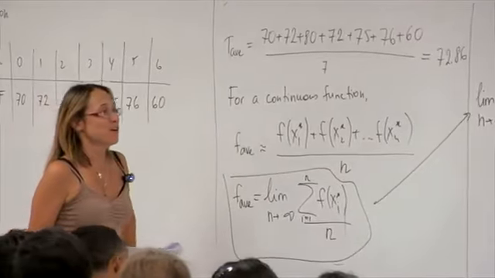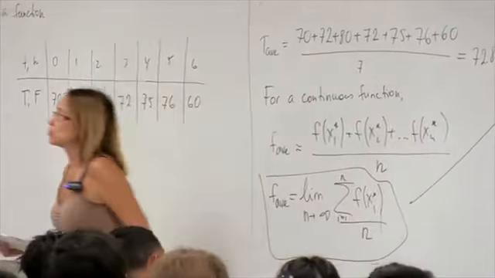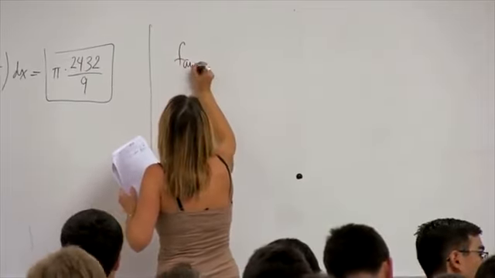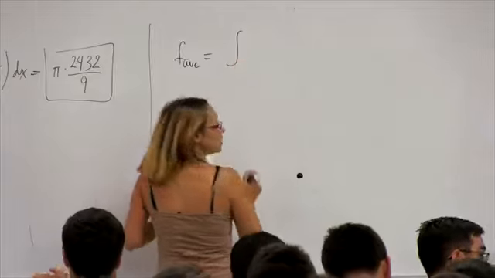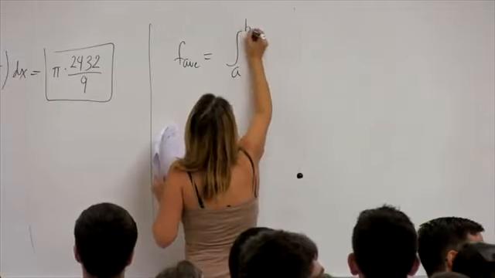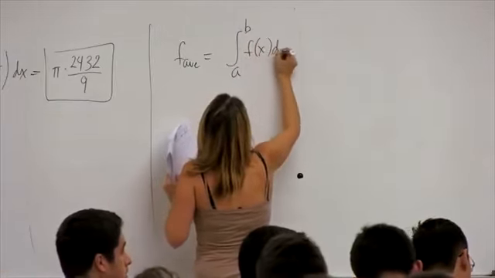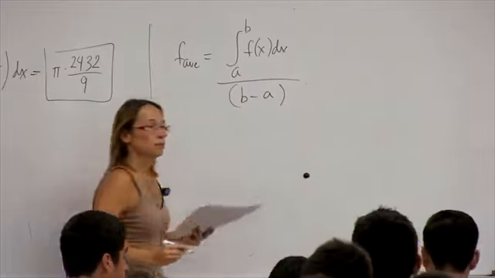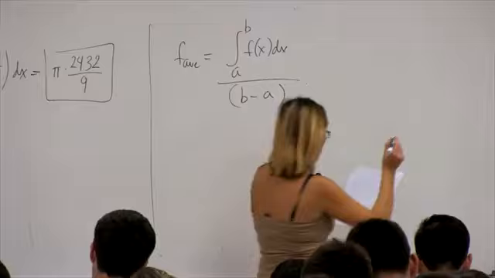Okay. So, to summarize, how do we calculate the average value of a function on an interval between a and b? We take the integral f of x dx and we divide it by the length of the interval. One example, and I'll let you go.